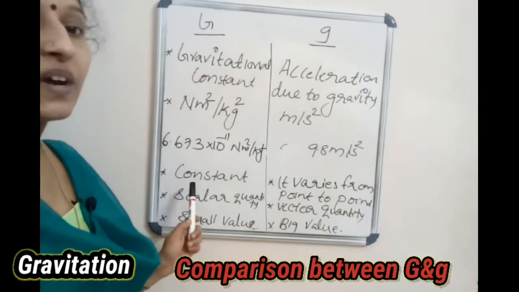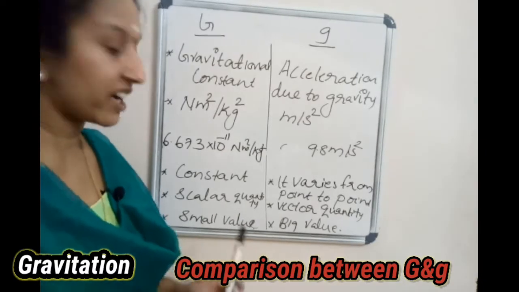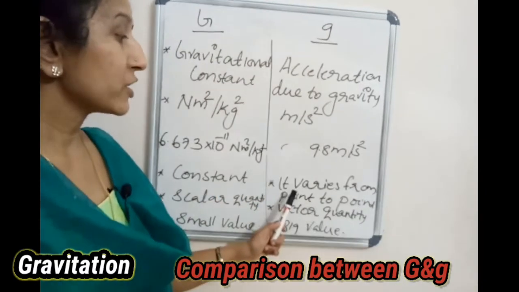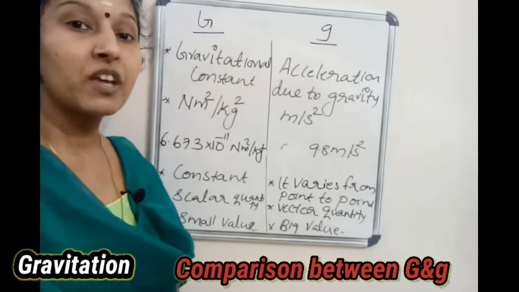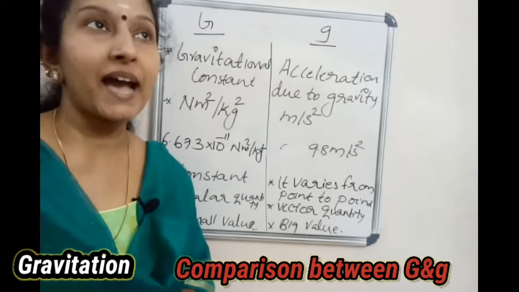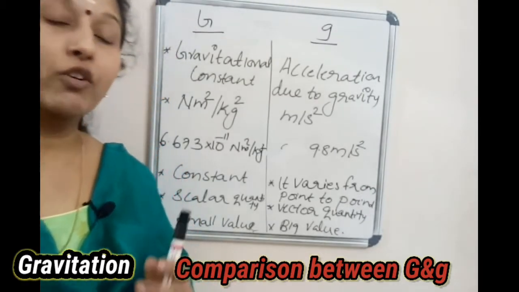Okay, and the next one: capital G is constant everywhere. But small g varies from point to point. Acceleration due to gravity varies from point to point. Are you remembering that?